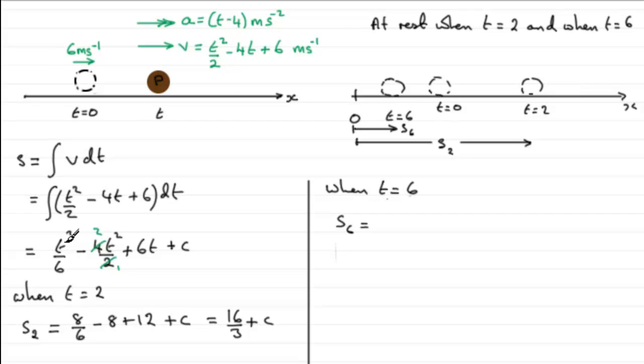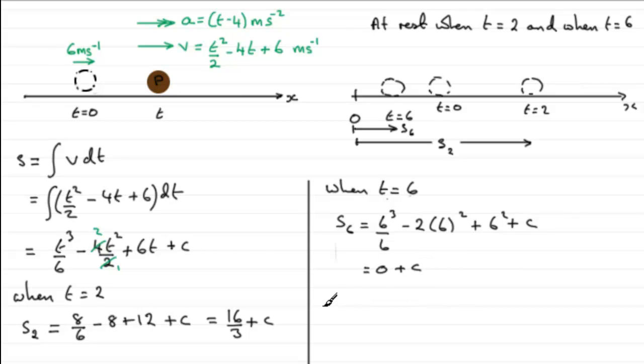We've got 6 cubed over 6, minus 2 times 6 squared, and then plus 6 times another 6, that's 6 squared again, and then plus c. And working this out, we've got minus 2 times 6 squared and plus 2 times 6 squared, so this comes to 0 plus c.